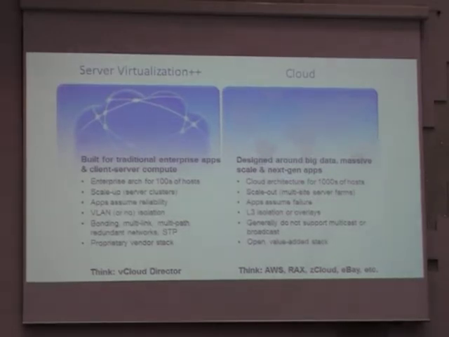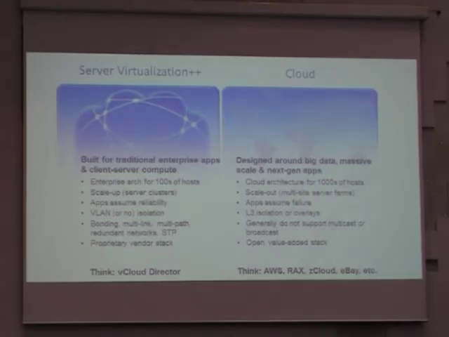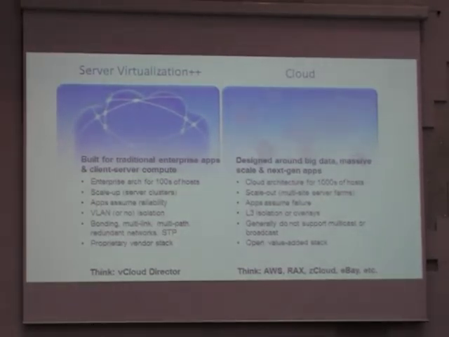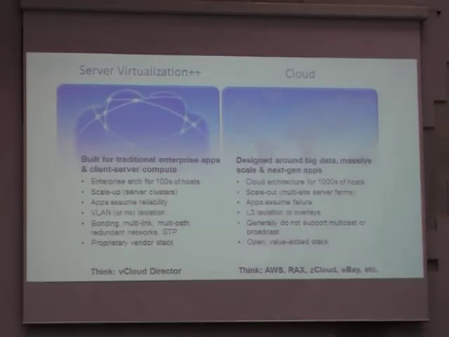Typically, the network isolation is done at layer 3. Very common is Amazon-style security groups, which use IP tables, and there's really no broadcast going on there. Typically, the cloud software today is open. Think Amazon, Rackspace, these guys are all deploying cloud workloads today.